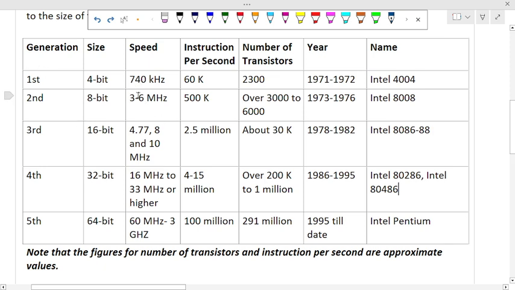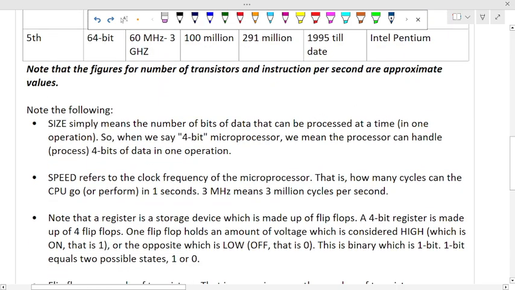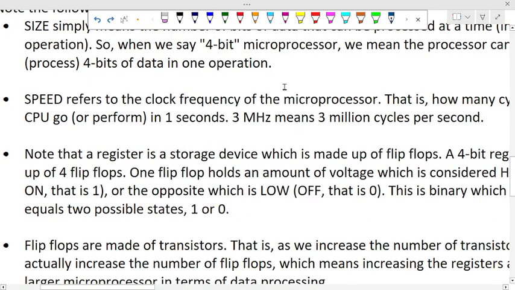So speed means how many complete cycles of instruction your processor can achieve in 1 second. If your CPU has a speed of 3 megahertz, it means your CPU can go through 3 million cycles in 1 second. That's fast.